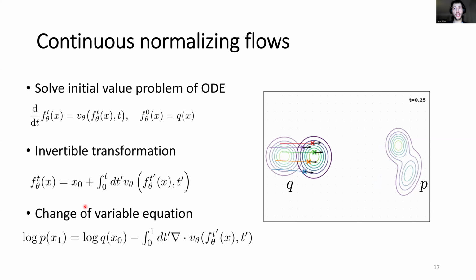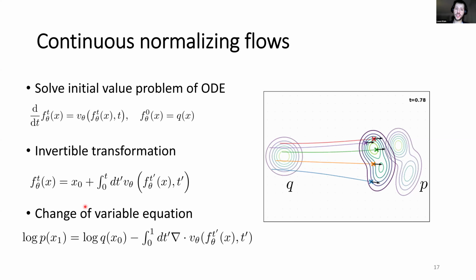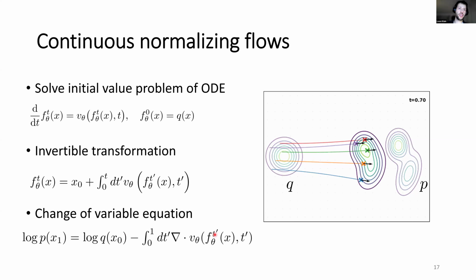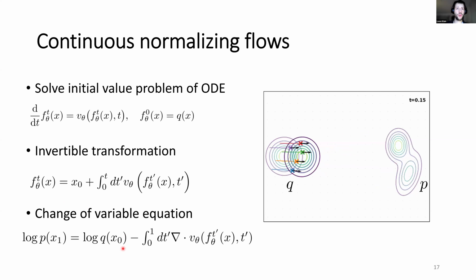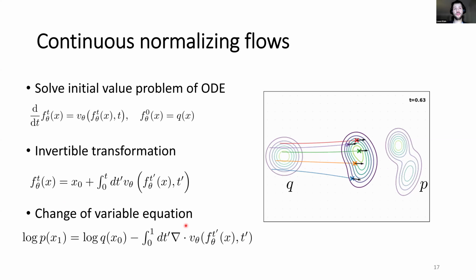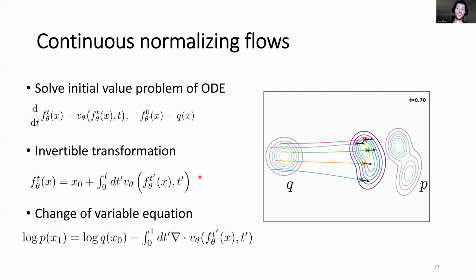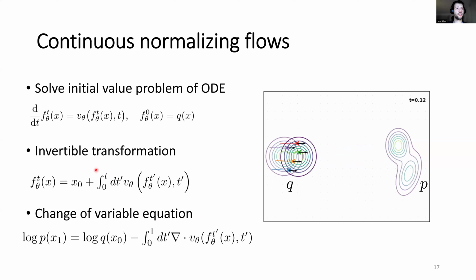And importantly, we again have access to the probability of generated samples, so we can evaluate samples with this change of variable equation, where this term is the divergence of the vector field, which is expensive to evaluate, especially because we also have to perform this integration here. So during inference, if we want to generate samples and know the probability of the samples, we have to integrate both these equations, which is expensive but possible.